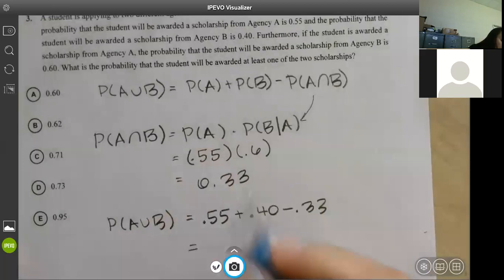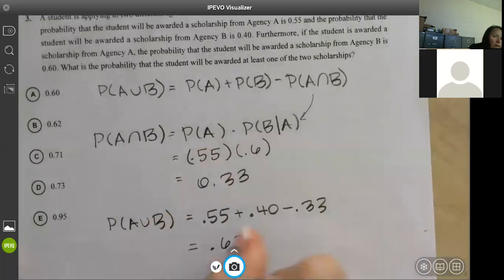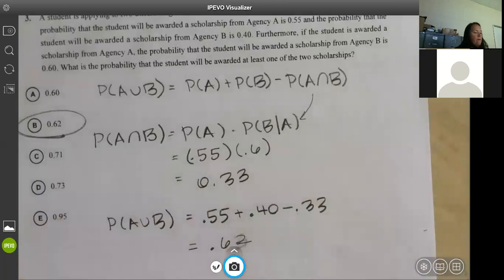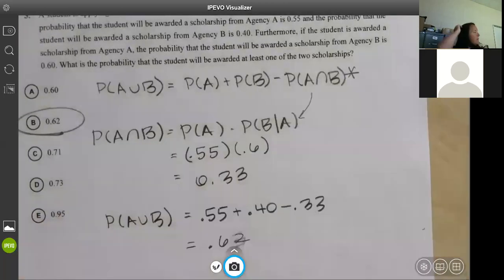When you add all that up, you get 0.62, not 0.63, which is this one. Okay. So watch this formula right here. And again, why do we have to use that formula? Because it said a given from there. So make sure that you use that.